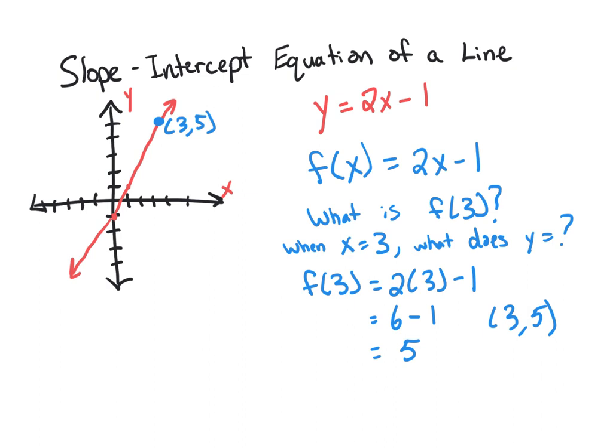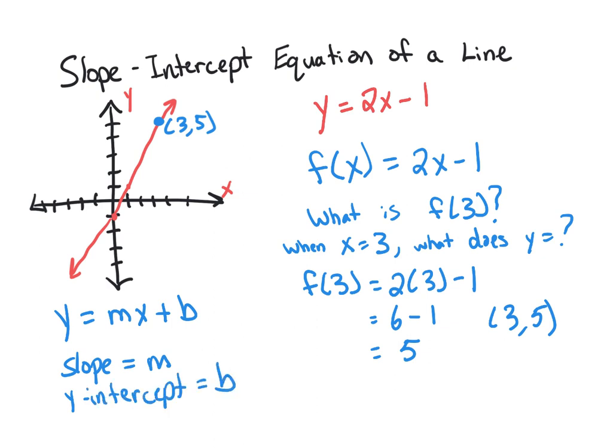Slope-intercept form has 2 parts to it. It has the slope and it has the intercept. You often see it written as y equals mx plus b, where the slope is m and the y-intercept is b.